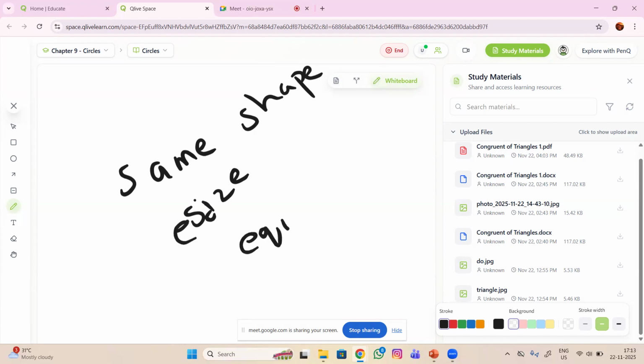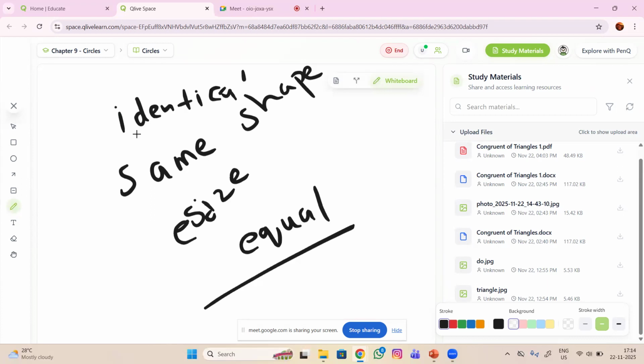So when two objects look the same as each other, what do we call them? Identical. Very good. They are called identical figures.